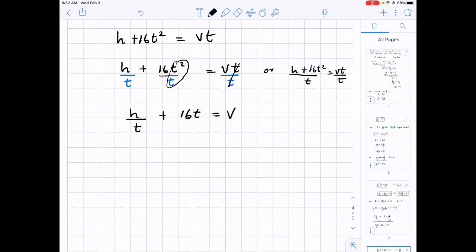So this is the final answer that is acceptable. Okay, and that's the reason I like to divide each term rather than putting everything over t as I did here. So if you do that, you will still have some work to do.